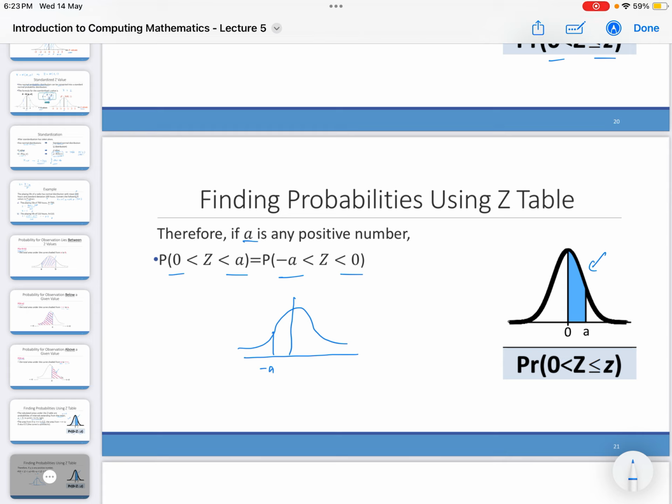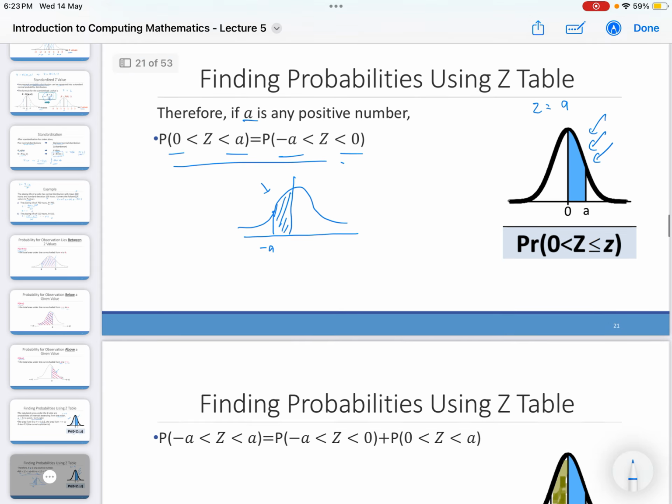Since this is symmetric, this one equals this one. That's why we have this equation. To get this, you just straight away find from the table Z equals A to get this probability. Later I will show you how to read the table.